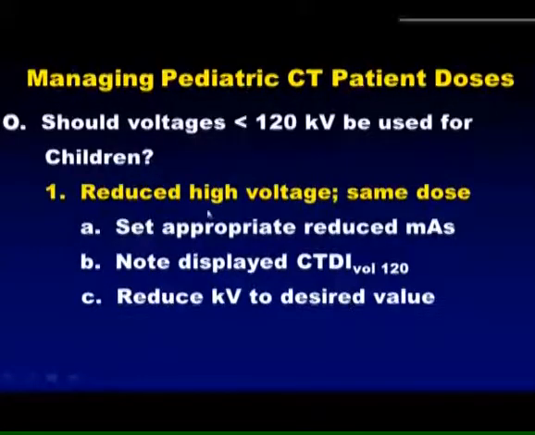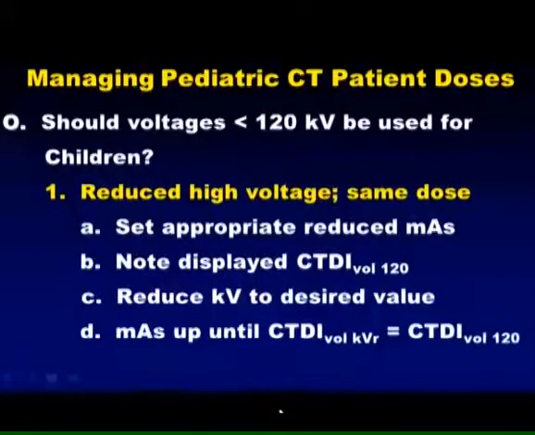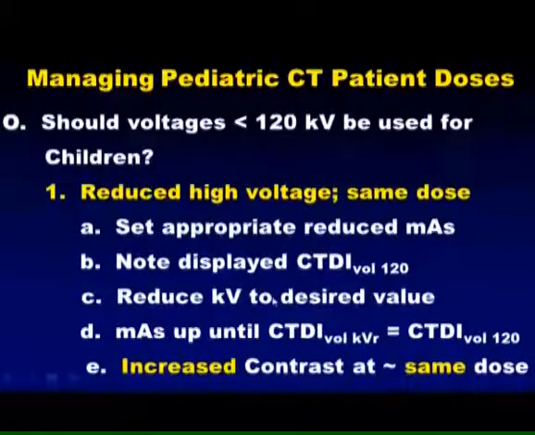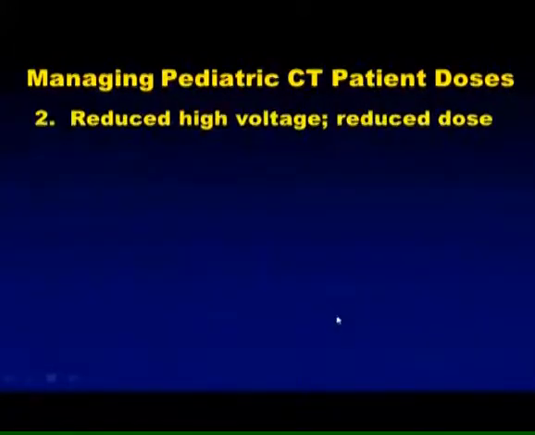Maybe that's 100 kV, maybe it's 80, depending on the size of the patient. And I turn up the mass until the CTDIvol at the reduced kV is equal to the original CTDIvol at 120. My dose is the same. My kV is reduced. My image quality is going to be improved because there's going to be more contrast in the image at the same dose.